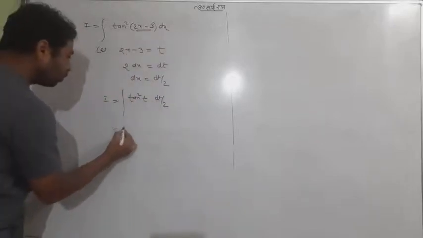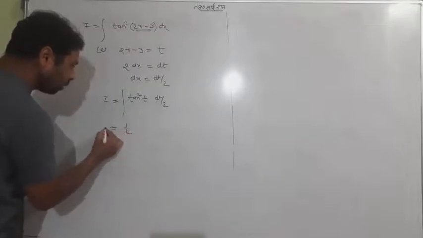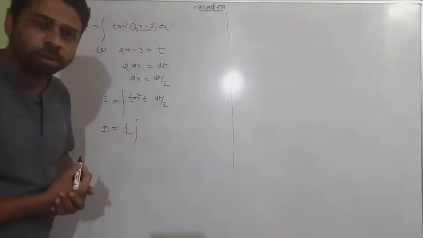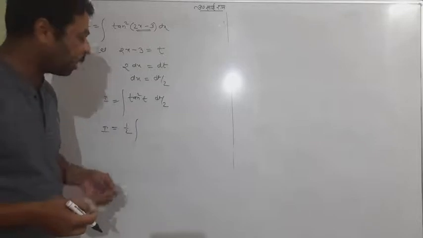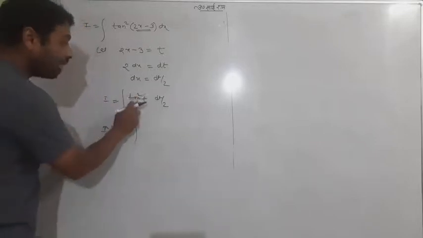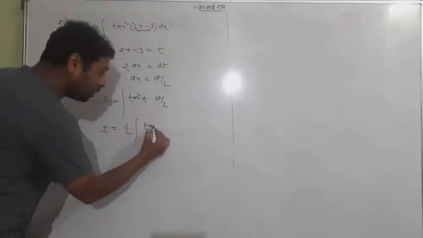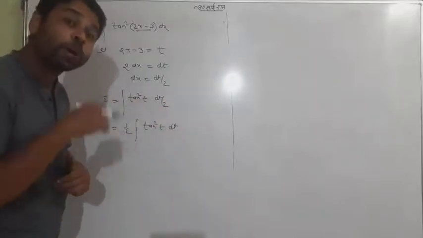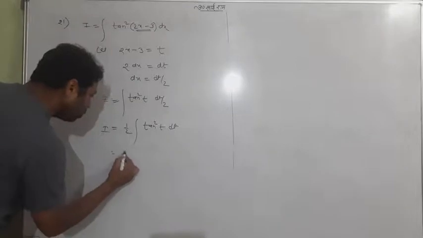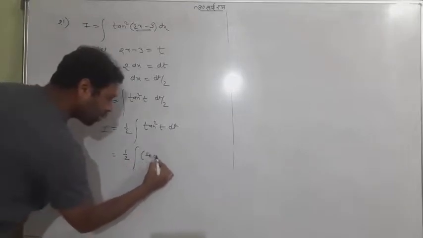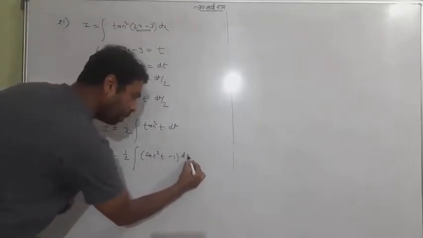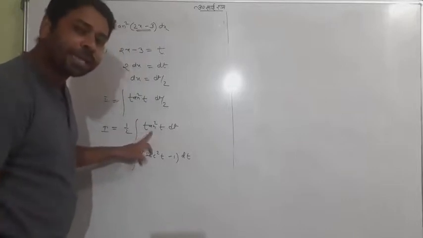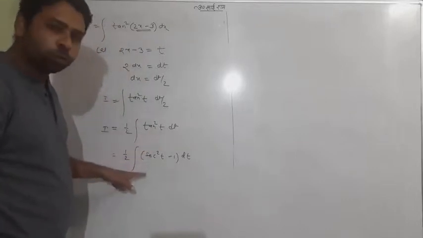Now this 2 is not so good for us, so take the half out of the integration sign. Tan square t, I recently taught you that there is no method to integrate tan square t directly, so you have to turn it into sec square. Remember, whenever cot square and tan square come, you will do it by this method.